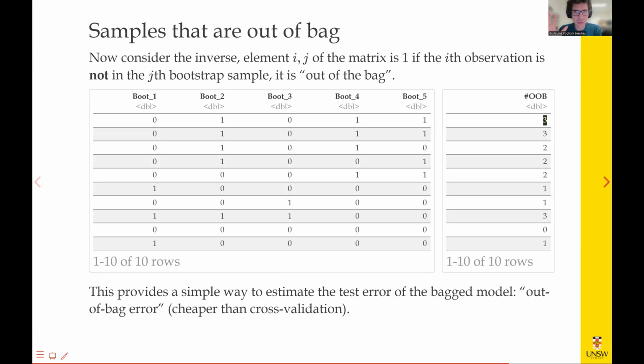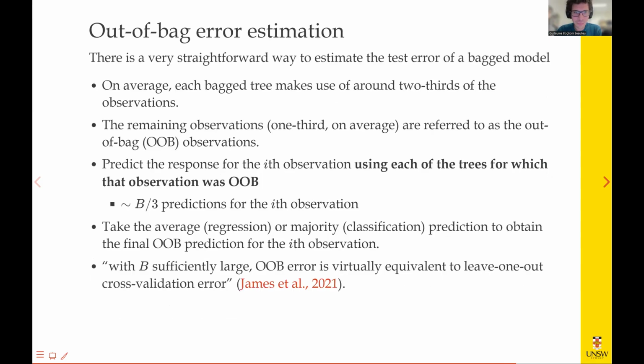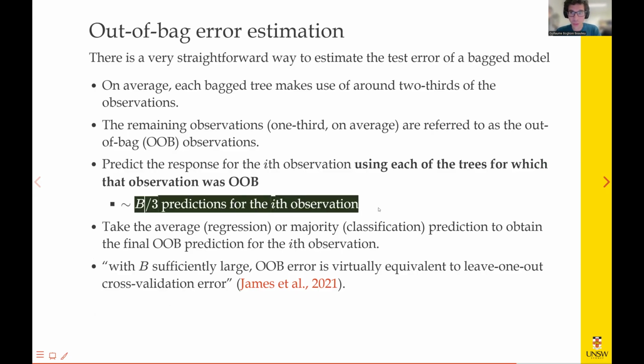I don't know if that idea makes sense. Hopefully it does. So indeed, for every observation, around 1/3 of your trees did not use this observation in the fitting procedure. So you can use around 1/3 of your trees to make a prediction whose error will not be biased, and that's quite nice.